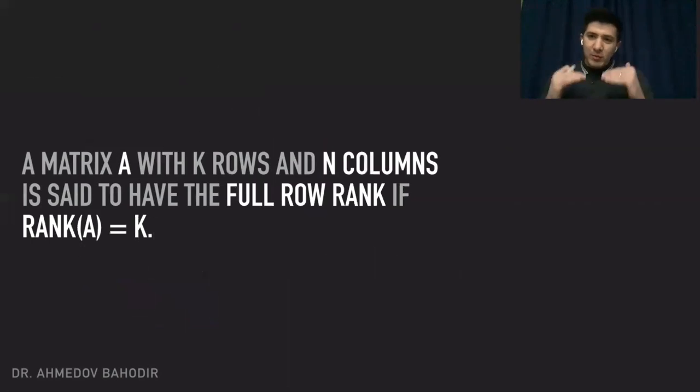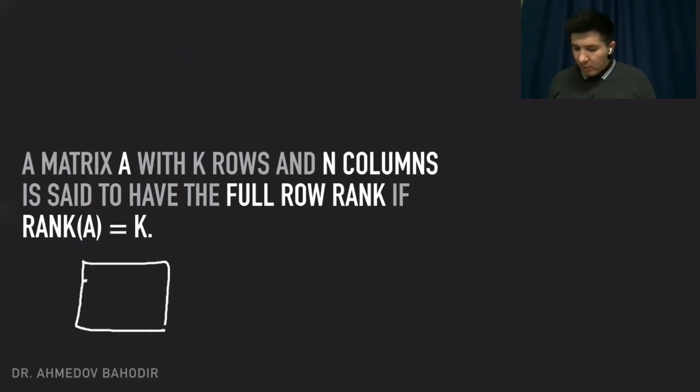It means that all of the rows are going to have pivots. And again, if your matrix is square, it's super clear that if all of the rows have pivots, it means that all of the columns have pivots as well. So it's going to be a really good invertible matrix. You can always solve the system of linear equations. It's going to have a unique solution and so on.